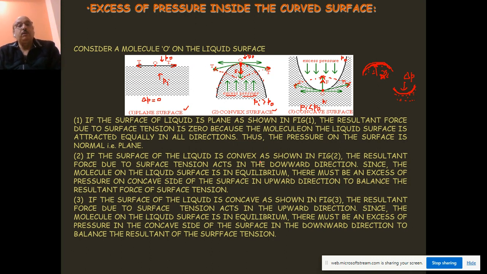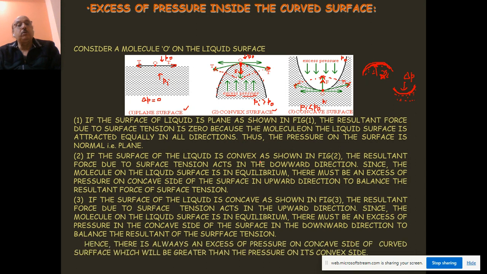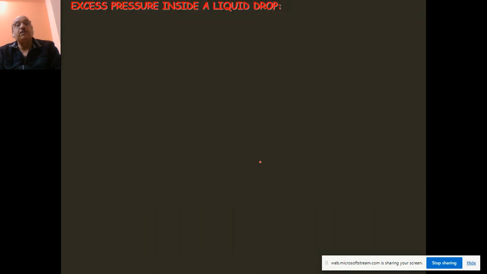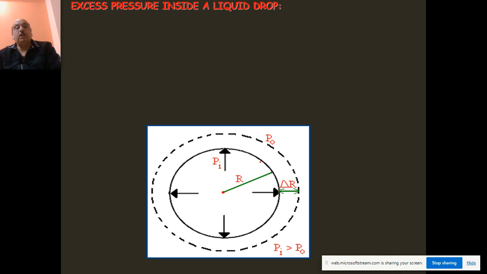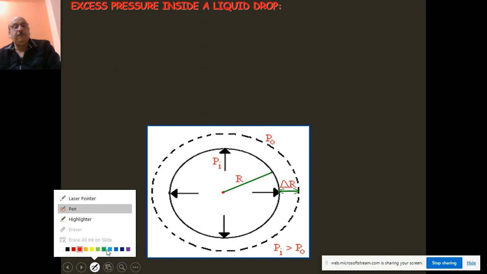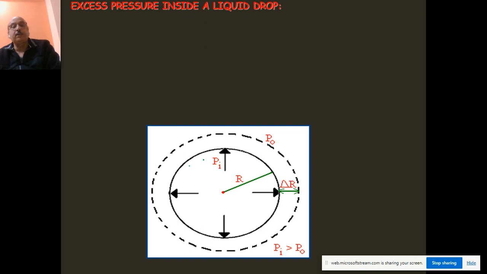Now the next point, we will discuss the excess pressure in different situations. For example, first of all, we take the liquid drop. Now we calculate the excess pressure inside a liquid drop. You know, the liquid drop is a spherical surface and liquid is filled inside this one like this. I am making it by green dots. So the concave side will be the liquid side.